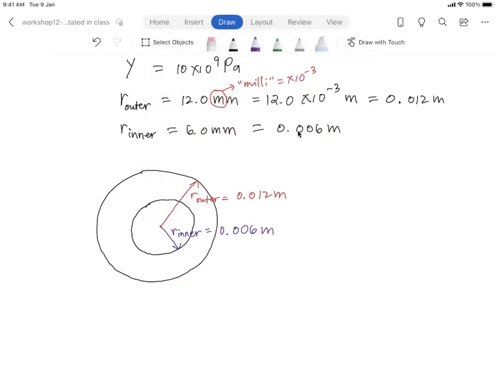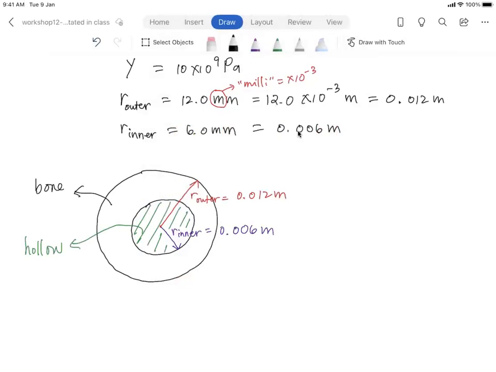So inside of this is hollow. Maybe let me just do this, it's probably clearer. So this is hollow, and the bone is just this part.